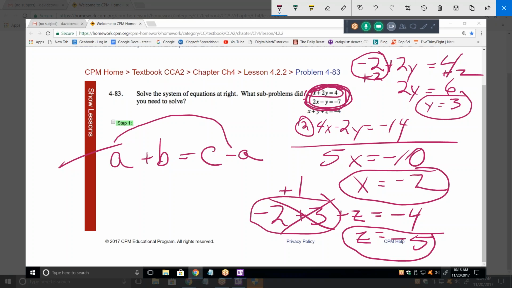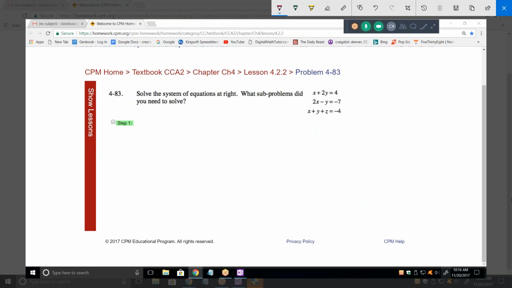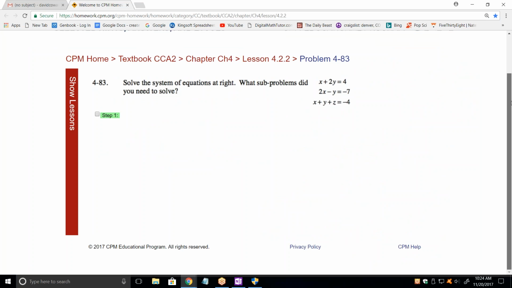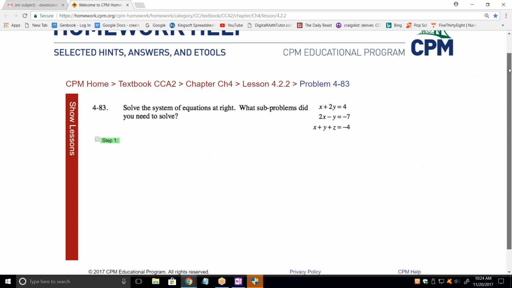You got to know how to do it, but it's still easier to solve a 2 by 2 than a 3 by 3. But once we solved it, now we had x and y, and we only had one equation to plug that in for. So this really was not a 3 by 3, despite what it looks like. At no point in time did we have to use the method that you would normally use for 3 by 3.